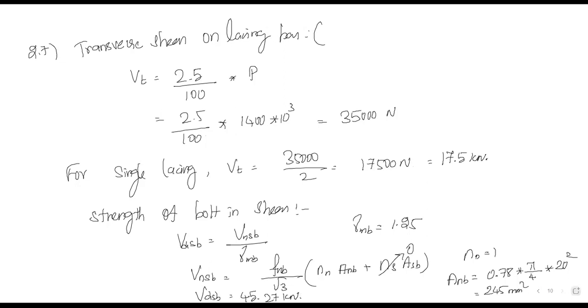Therefore, the number of bolts required is equal to the total force acting on the lacing bar, 17.5 kilonewton, divided by the strength of bolt, 45.27 kilonewton. So it becomes 0.38.